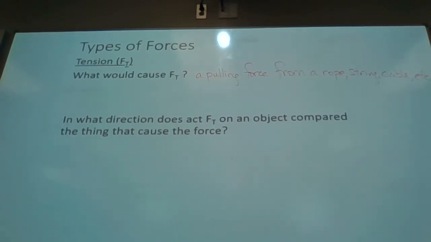It's always a pulling force from a rope or string. Good with that?